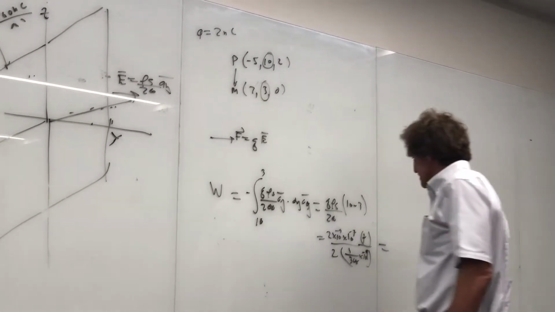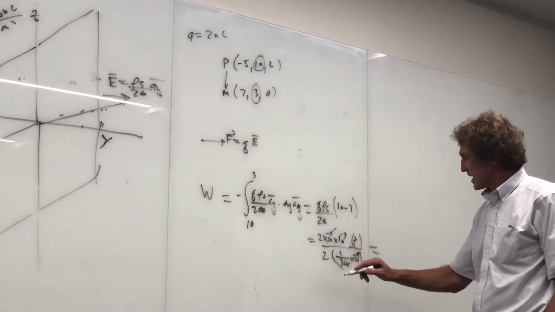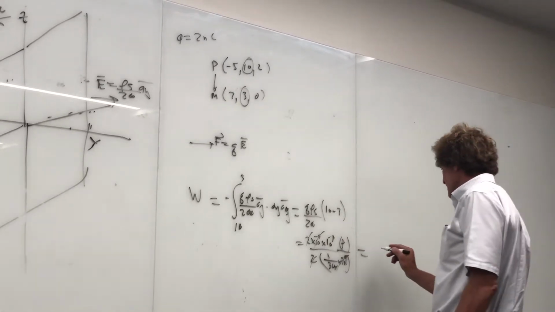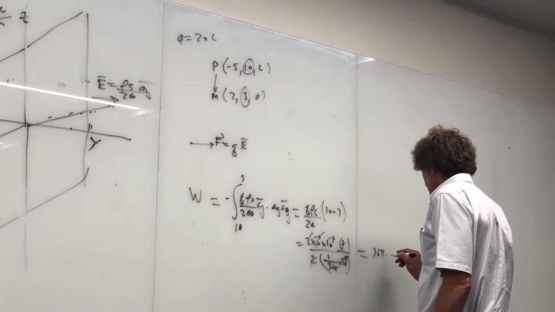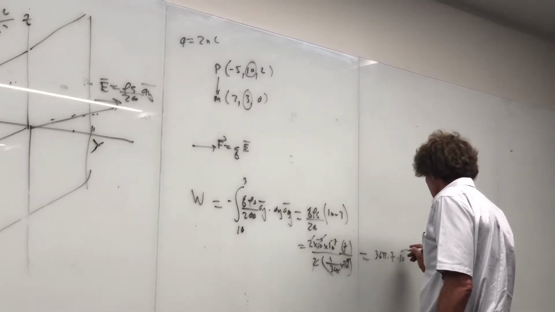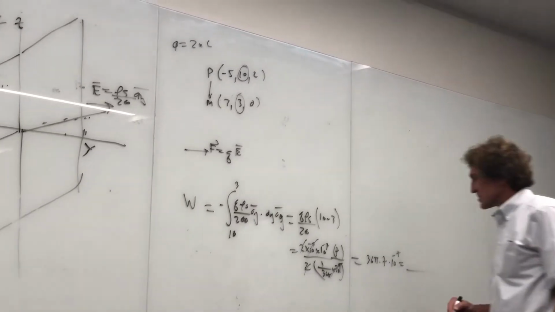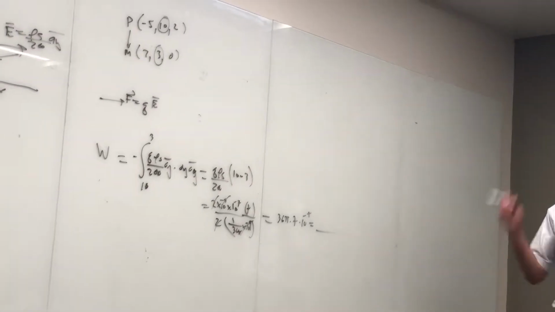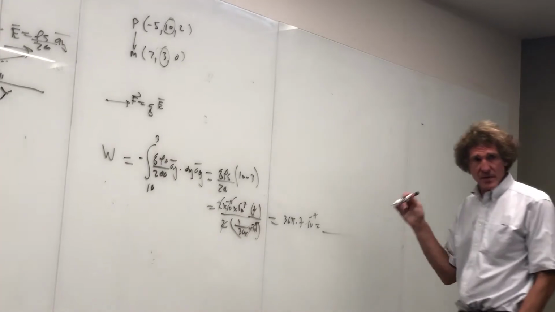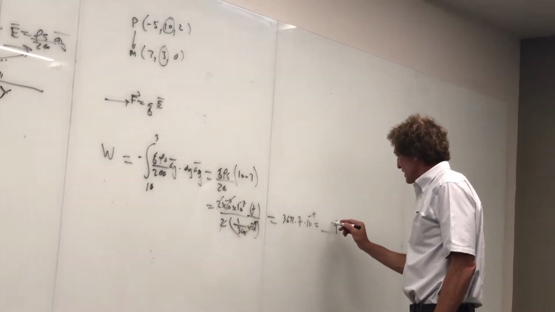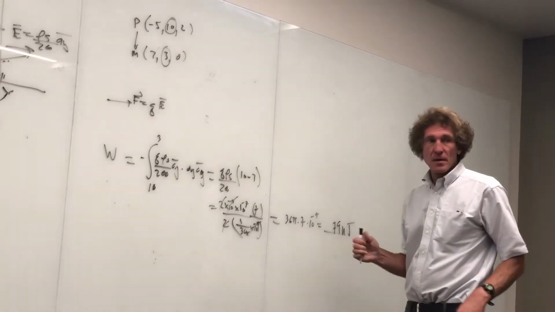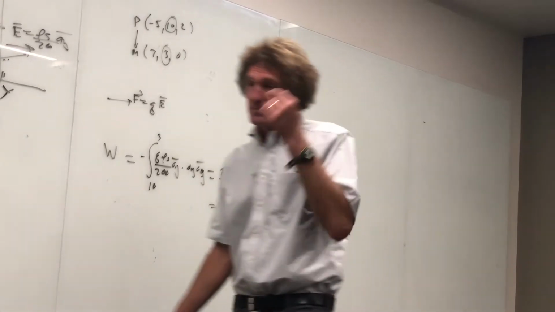So the 10 to the minus 9's cancel, the 2's cancel, and I get 7 times 7 times 10 to the minus 7 over 36 pi. That's the answer, I hope. Does it come out? So what's it, 790 did you say? 79 microjoules, right? All right, I wanted to do that.